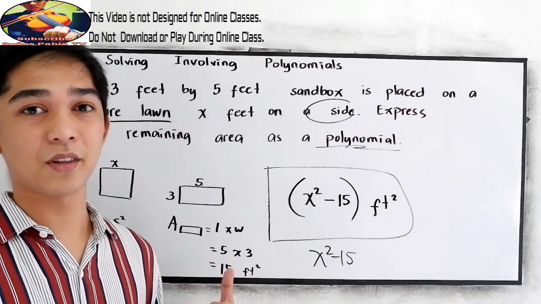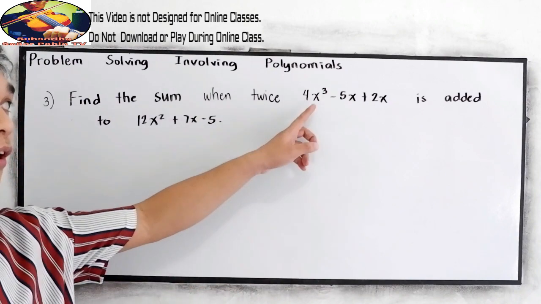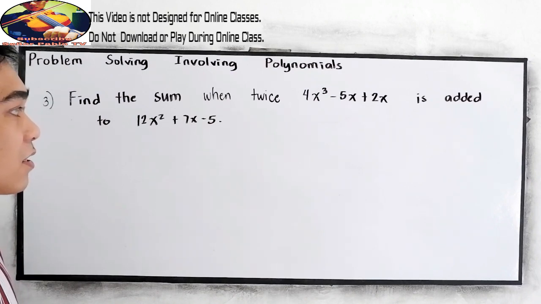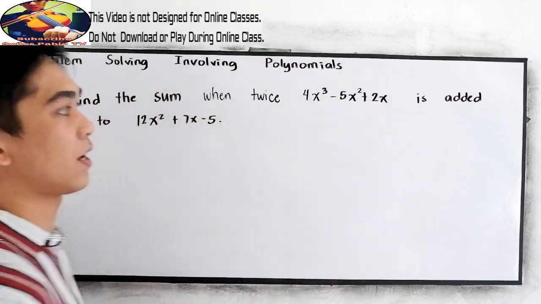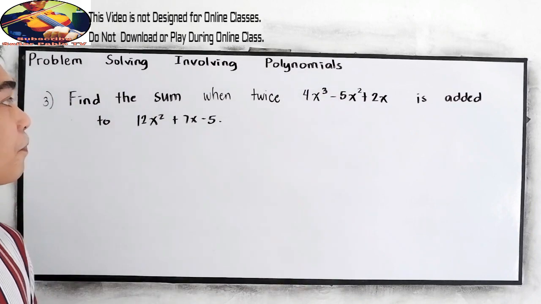Next example, number 3. Find the sum when twice 4x cubed minus 5x squared plus 2x is added to 12x squared plus 7x minus 5. So let's have a square here. 4x cubed minus 5x squared plus 2x.